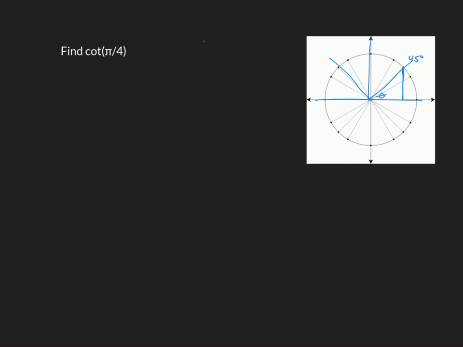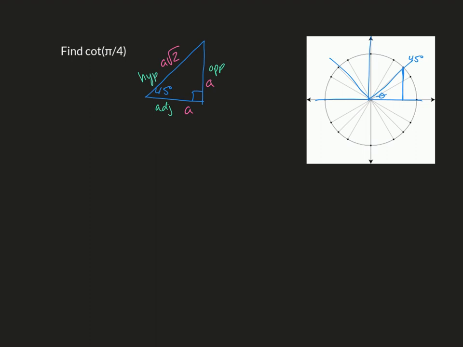So the triangle is a 45-45-90 triangle. I'm going to draw the little 45 down there. If you remember, this side is A, this is A, and this is A times root 2. I need to fill in my opposite, adjacent, and hypotenuse as well. So this would be my adjacent, this would be my opposite, and this would be my hypotenuse.